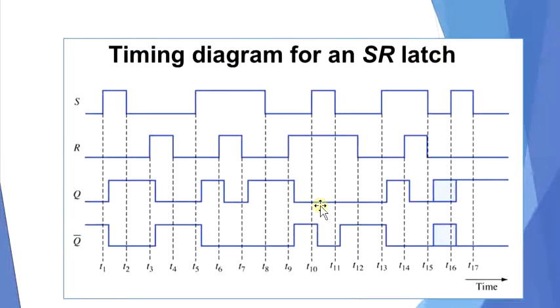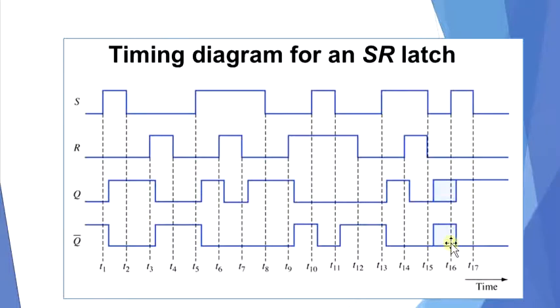Special attention should be given to the response of the latch at T15. Here it is assumed that the signals on S and R are simultaneously changed from logic 1 to logic 0. As a consequence, the response of the latch is unpredictable, as indicated by the shaded area.